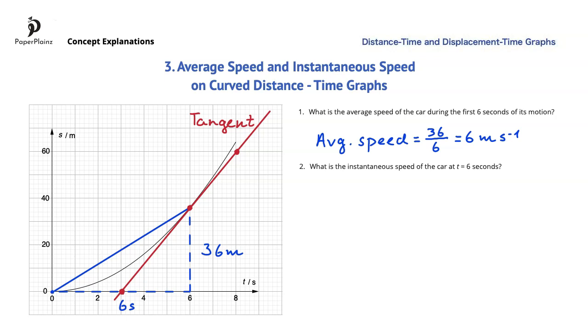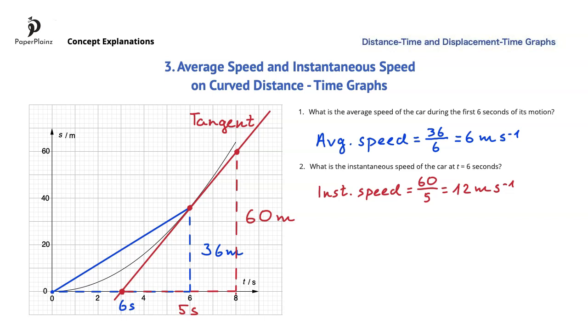So the vertical distance between the points is this, and the horizontal distance is this. So for the distance we have 60 meters, and for the time 5 seconds. Therefore the instantaneous speed is 60 meters over 5 seconds, which is 12 meters per second.